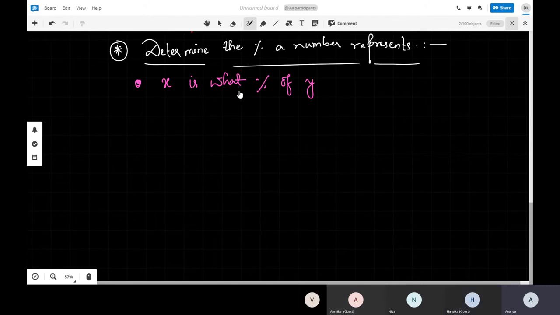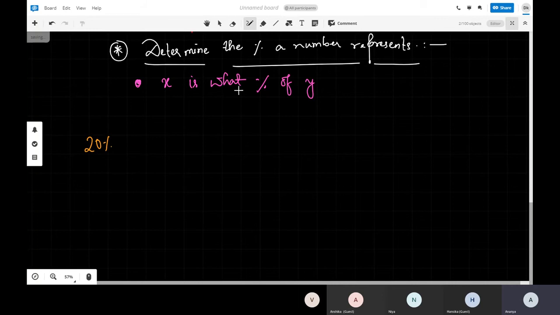Let's say that you guys go shopping, okay? You've gone shopping and you are going to buy a dress, and that particular dress is on sale. Sale in the sense it says that the dress is at a discount of, let's say, 20%.